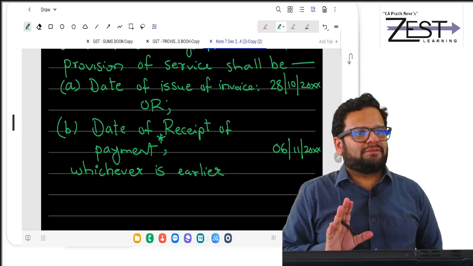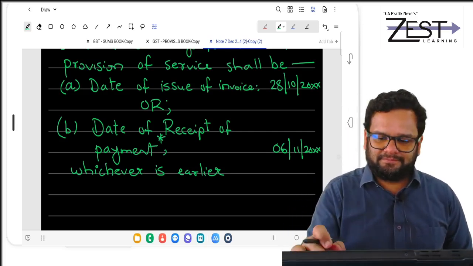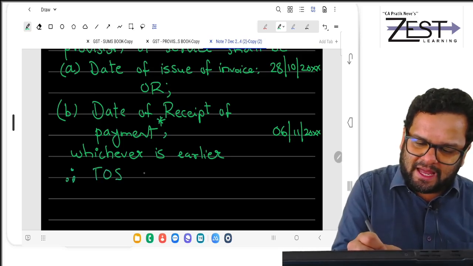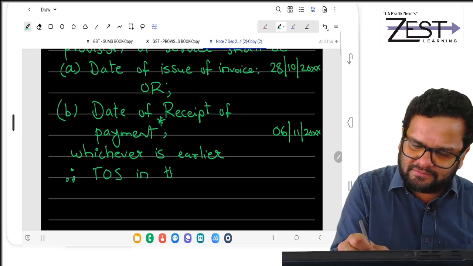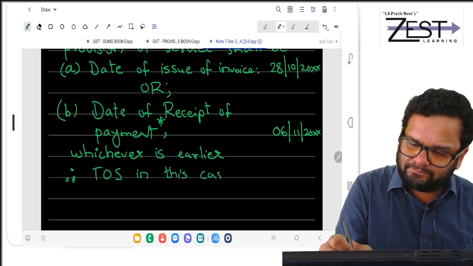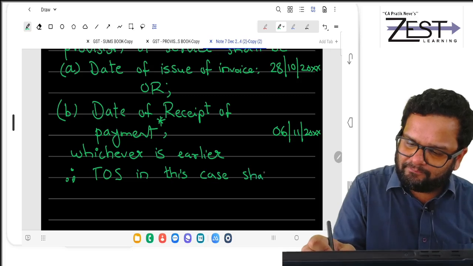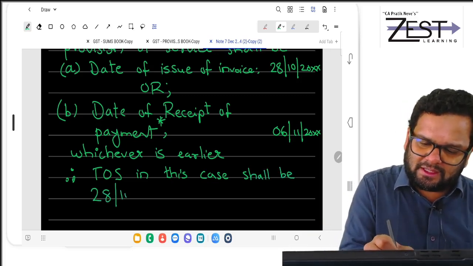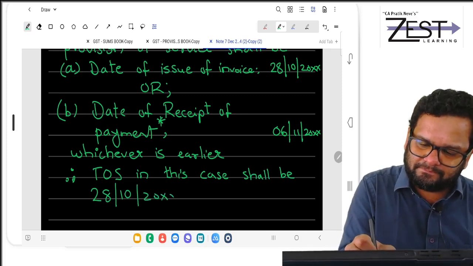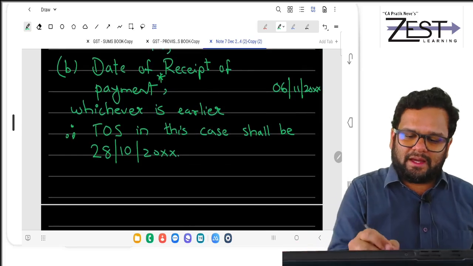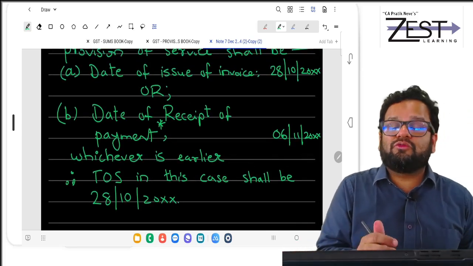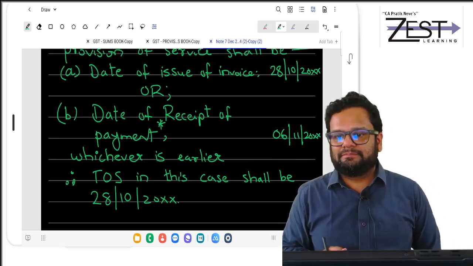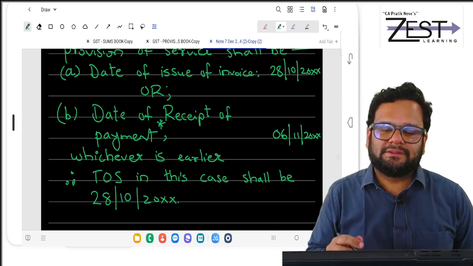Do you agree with this presentation? Therefore, time of supply in this case shall be 28/10, and write a note on how you found that date of receipt of payment.